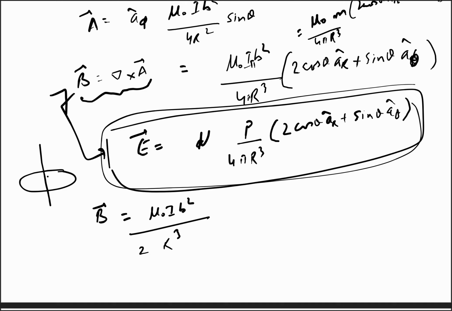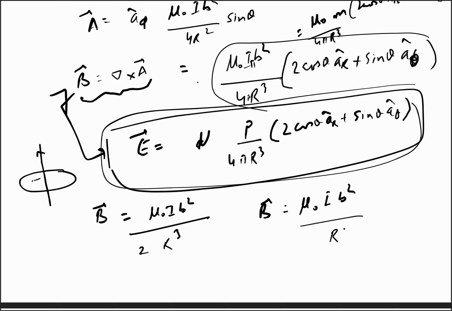For this case, theta will be equal to 0. So if I put theta equal to 0 in this equation, I will have B equal to mu naught I b square over R cube for twice of a_R.